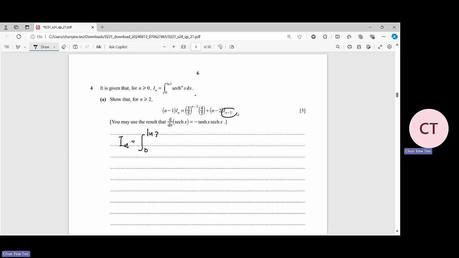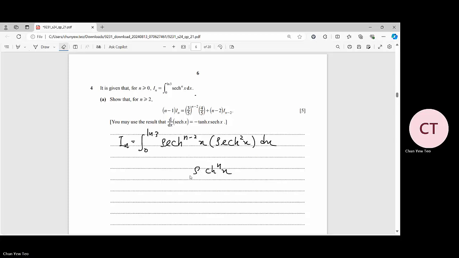You can see that here we have n minus 2. If we separate this n to become n minus 2 out, and then multiply by sec squared, you can see that these two combine together. If they combine together, you still get sec to the power n.